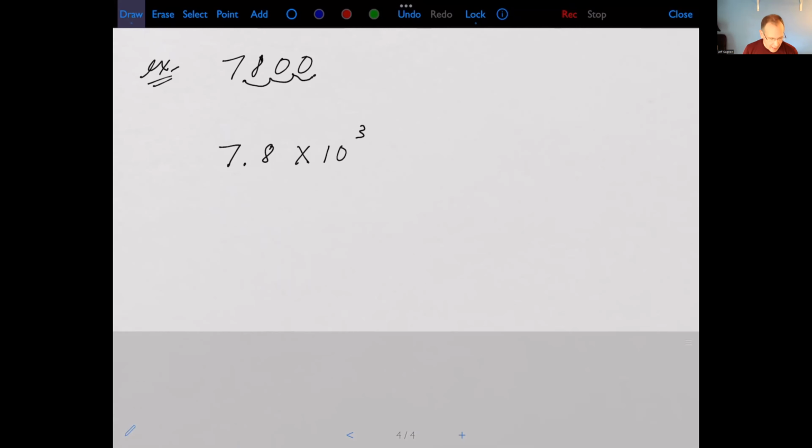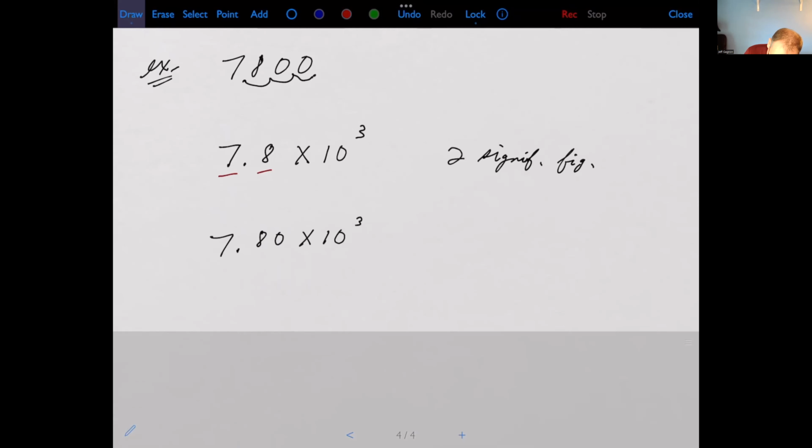Well, if I wrote it like that, what I'm saying is that this number has 2 significant figures, just these 2 digits there, the 7 and 8, are significant. However, I could have written it like this. I could have said this is 7.80, and again, it's going to be times 10 to the third.